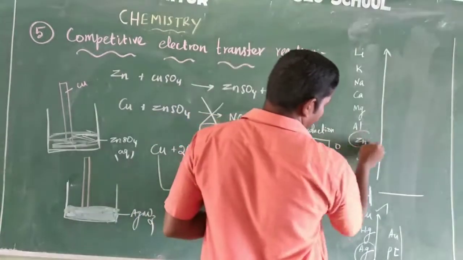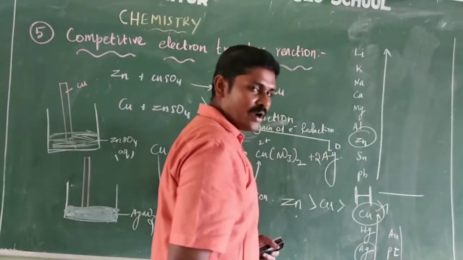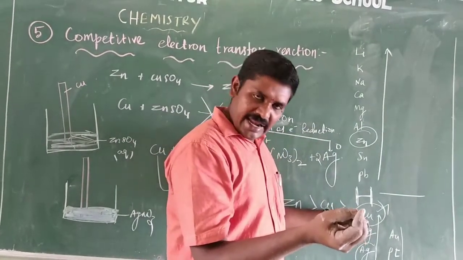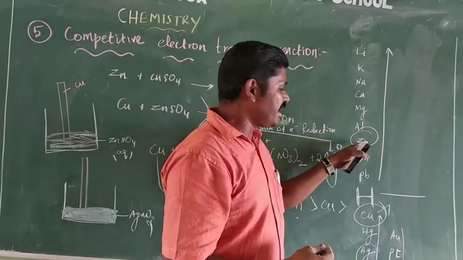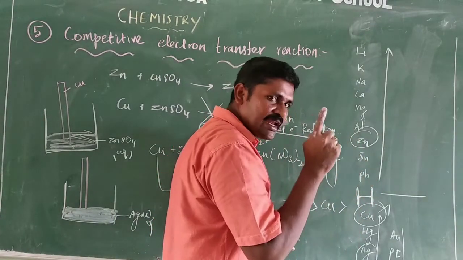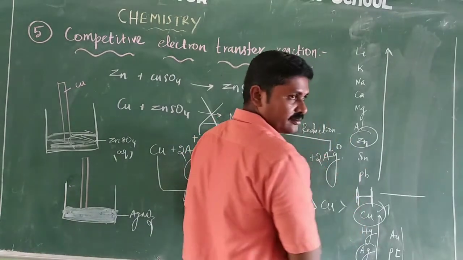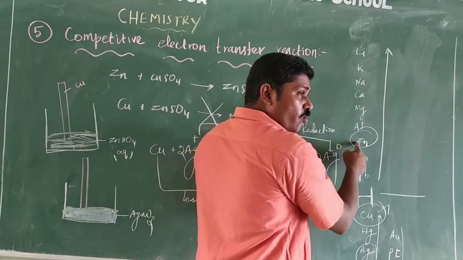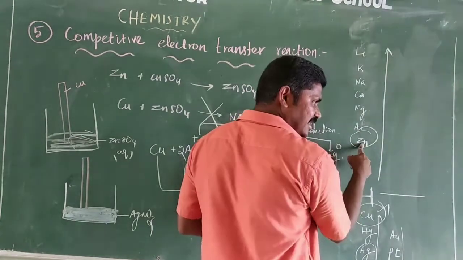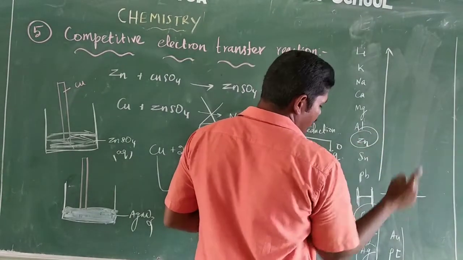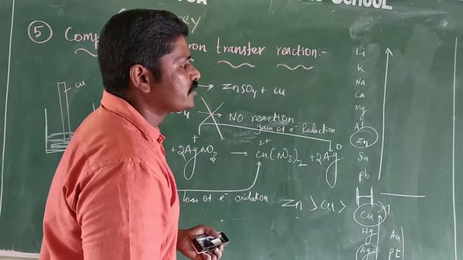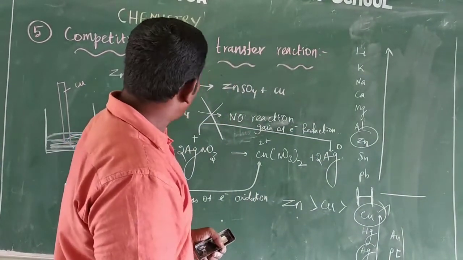But between zinc and copper, copper has less electron releasing tendency than zinc. Zinc has more tendency for electron releasing, more than copper and silver.